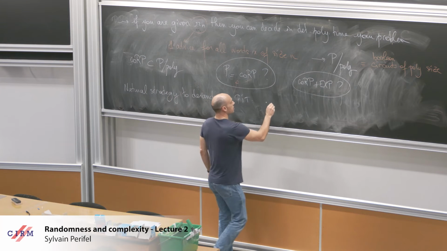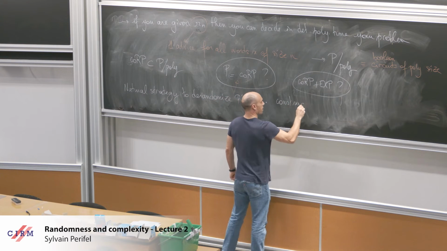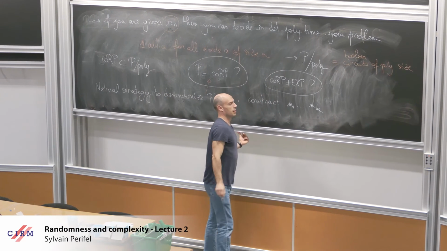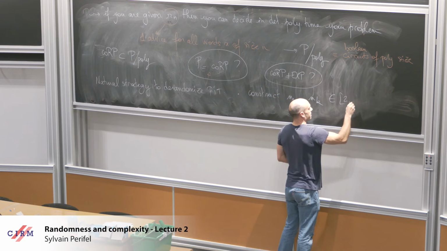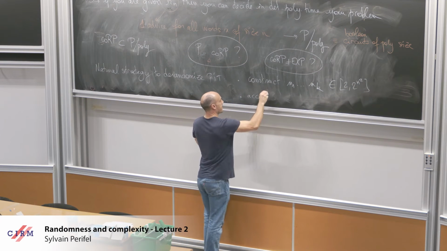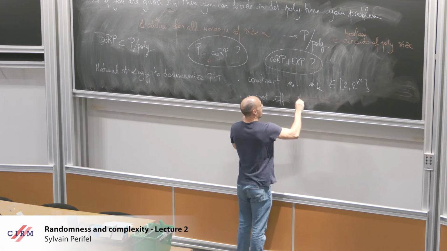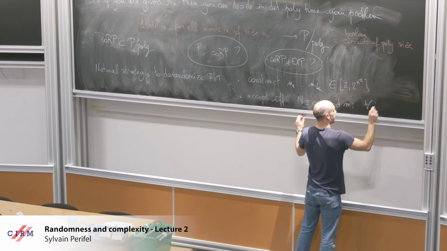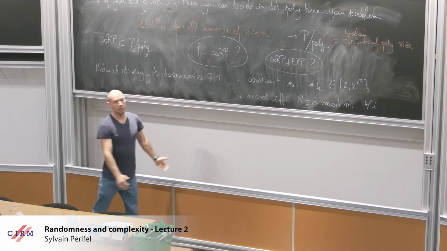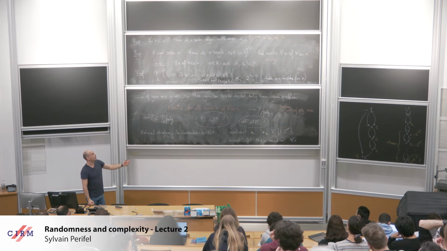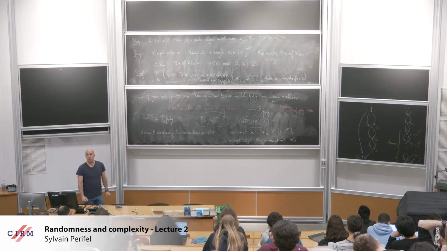So de-randomized PIT is: construct m_1, ..., m_k, let's say k random numbers, as before, and then accept if and only if n is 0 modulo m_i for all i. Okay? So this will be a natural way to de-randomize. We mimic the strategy of the randomized algorithm, but we construct the moduli instead of taking them at random.